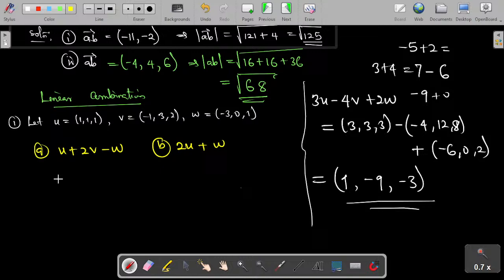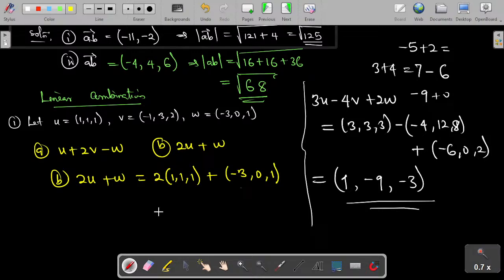For example, if I want 2u plus w, it is going to be equal to 2 times my u, then plus my w, and my w is minus 3, 0, 1. Rita, sorry about your network.